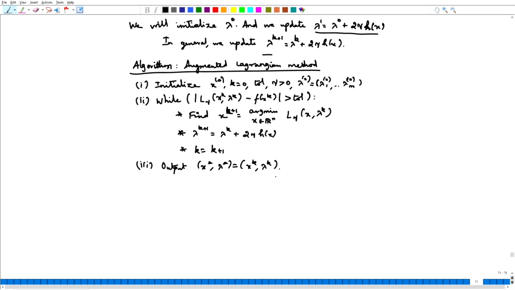I will start from initialization. Maybe I can write it down in the form of a table. So, this is quadratic penalty method and this is augmented Lagrangian method.